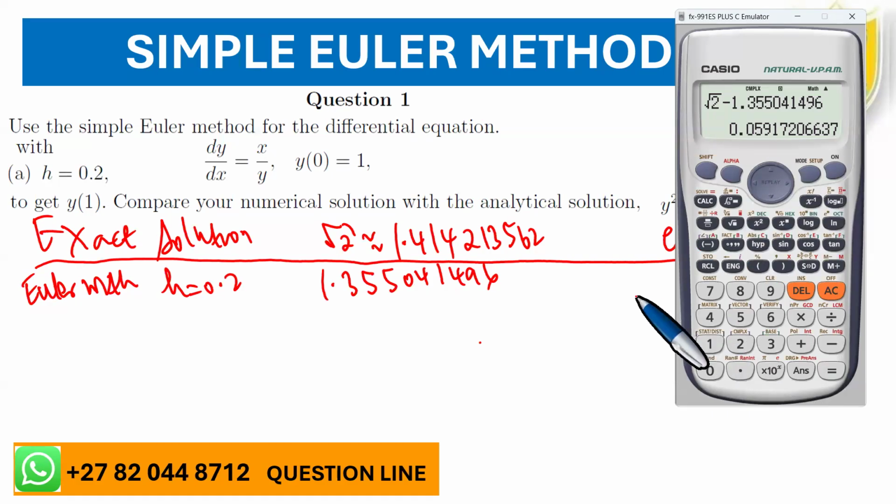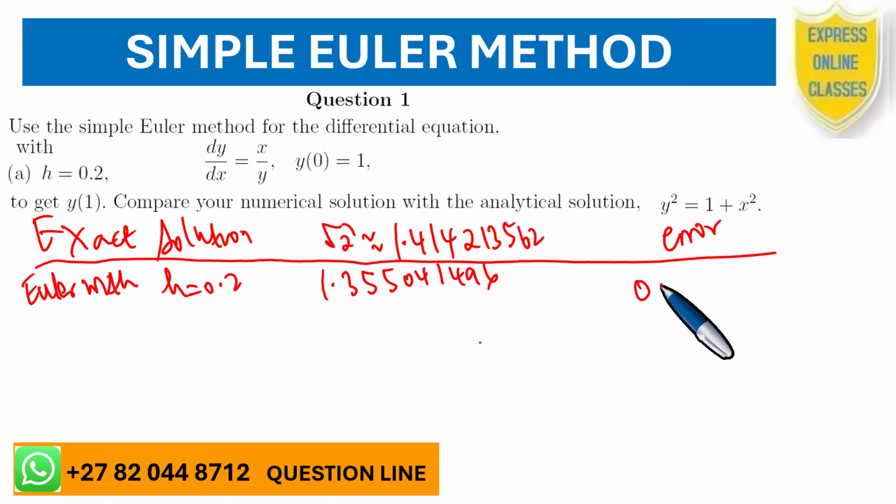So that is the error. The error is 0.059172066.